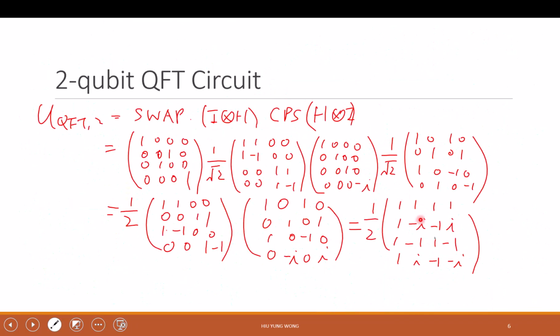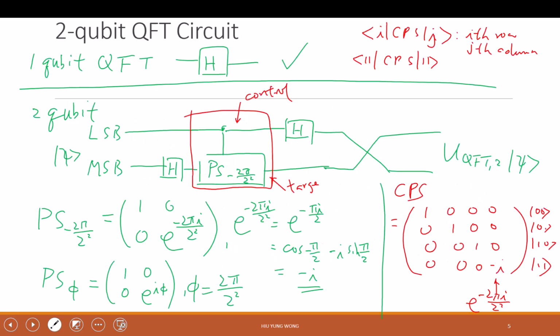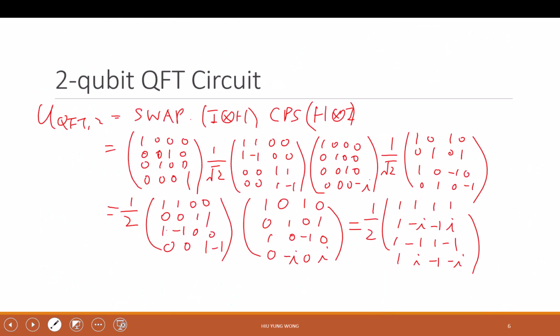It is 1, 1, 1, 1, negative i, negative 1, i, 1, negative 1, 1, negative 1, 1, i, negative 1, negative i. And this is the same circuit. Okay, so I show you that, I hope you can go back to practice, right? This circuit does implement a 2-qubit quantum Fourier transform gate.